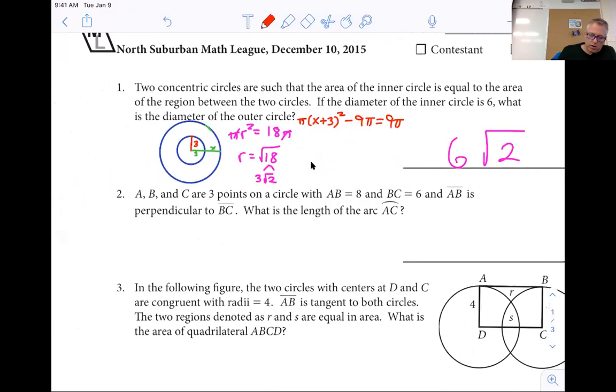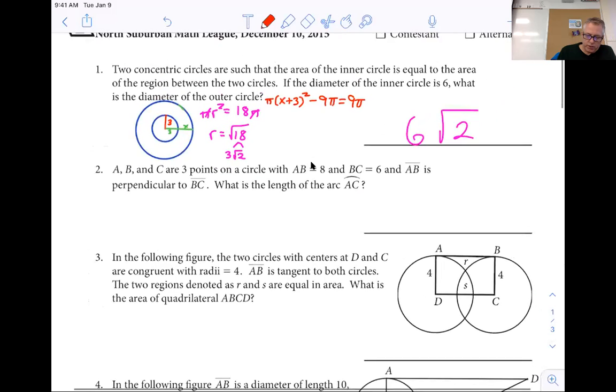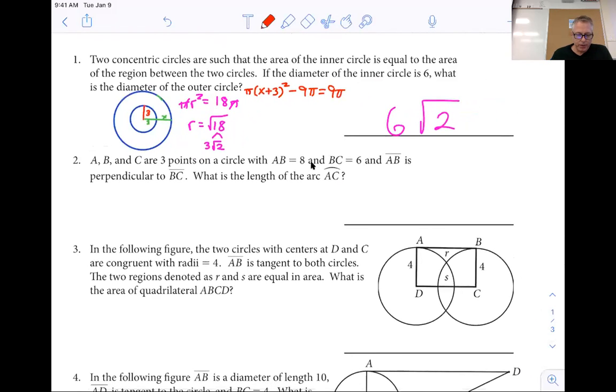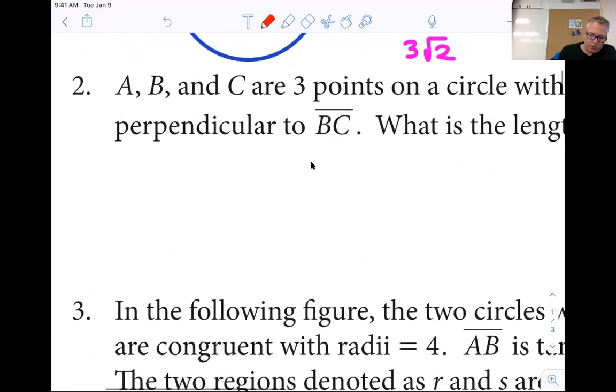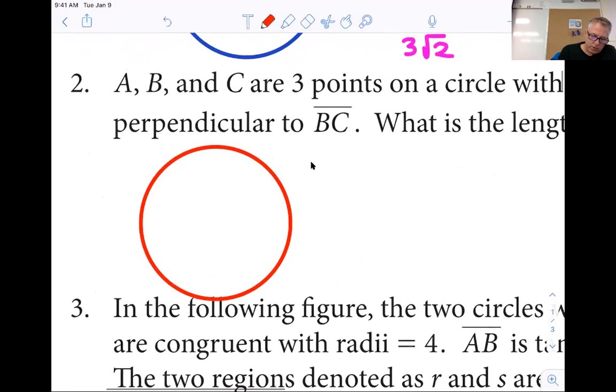All right, let's try a second one here. So A, B, and C are 3 points on a circle with AB 8, BC 6. So let me just start by drawing a circle here. So A, B, and C around the circle.